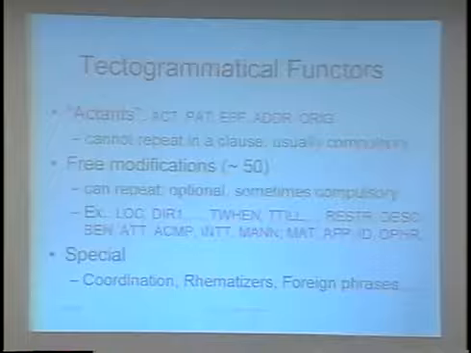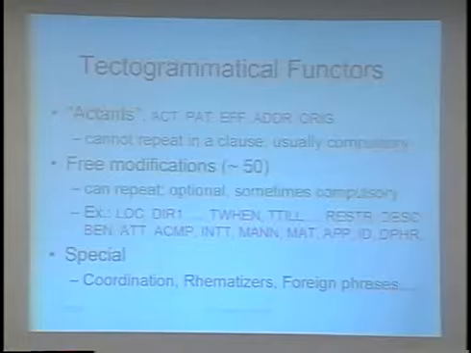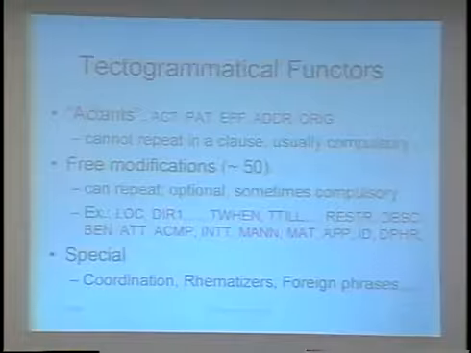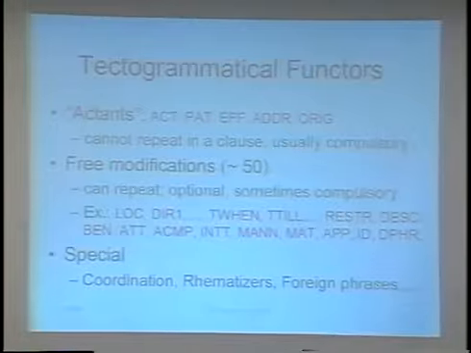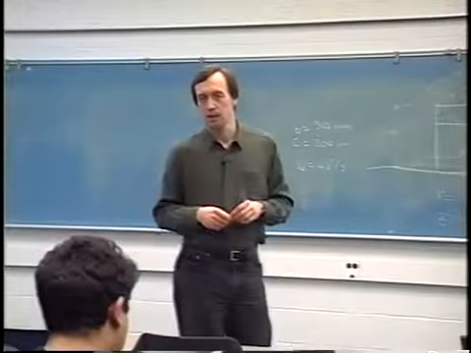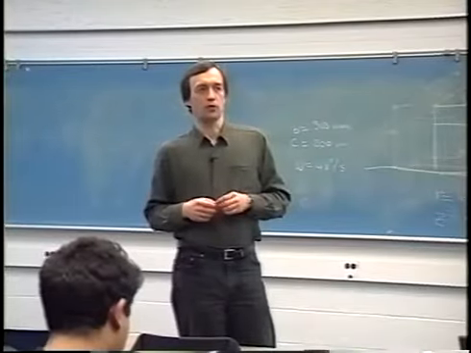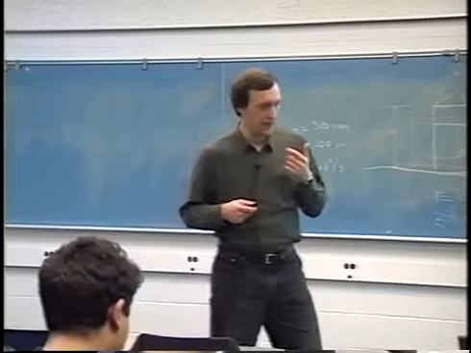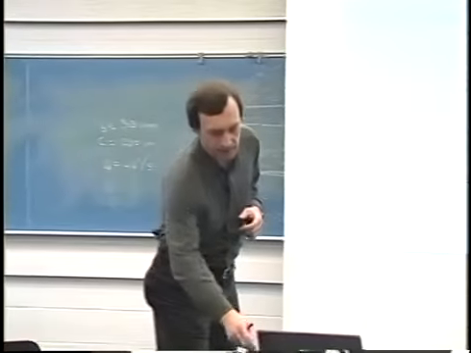And then of course we still have to keep some special functions for coordination because we don't really multiply it up yet. For something we call the rhematizers, which is like only, just, whatever. And then we have a couple of special functions for foreign phrases, for names, for idioms and things like this.